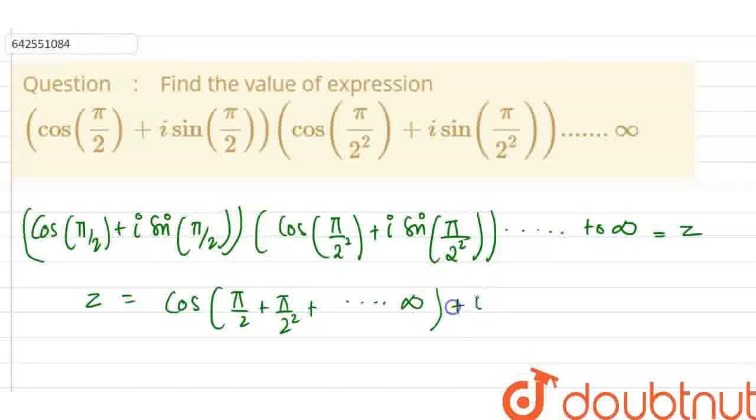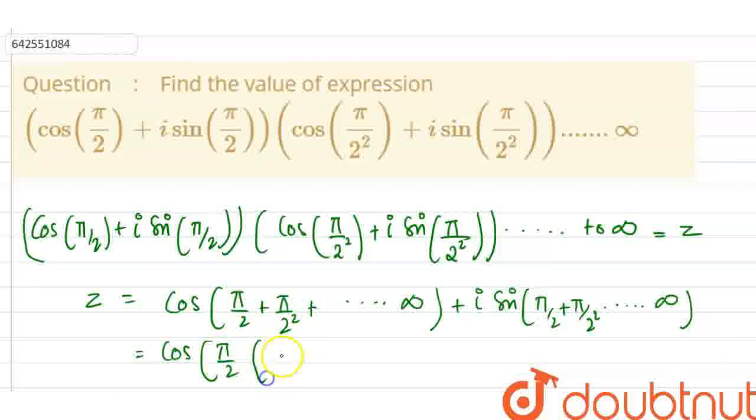So now it is iota sine of (pi/2 + pi/2^2 + so on up to infinity), right guys? Now for cos, we take out pi/2 common, so it is pi/2 times (1 + 1/2 + 1/2^2 + so on up to infinity).